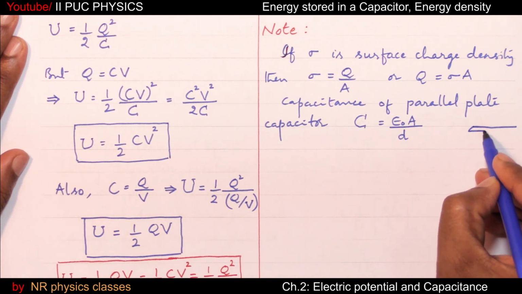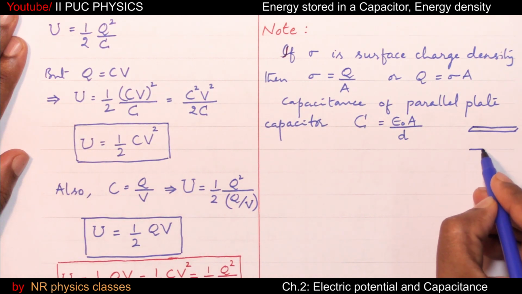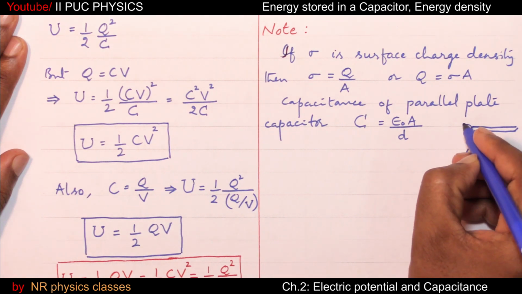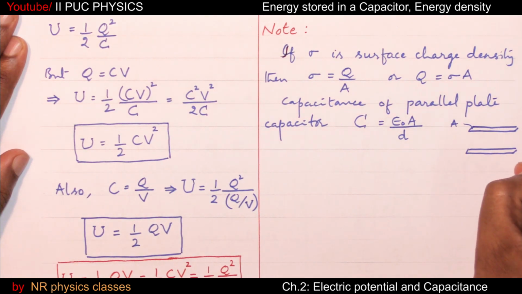If there are two plates in a parallel plate capacitor, then the area of each plate is A, and the distance between the plates is D.